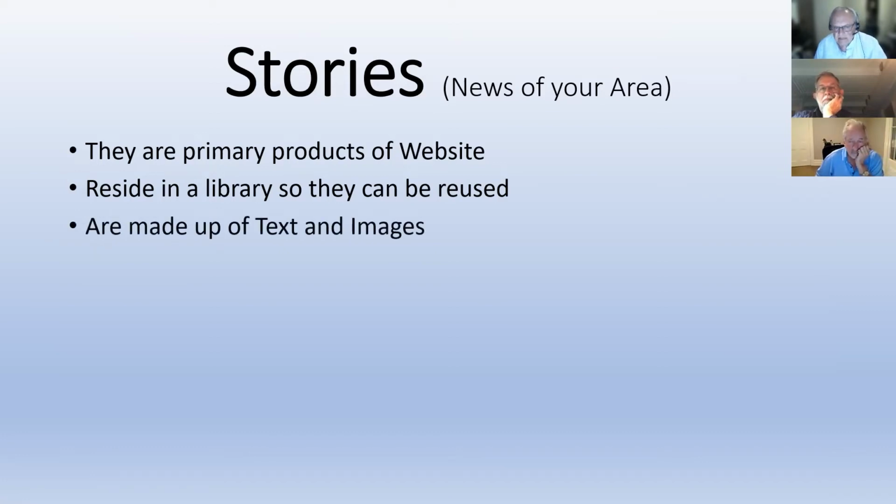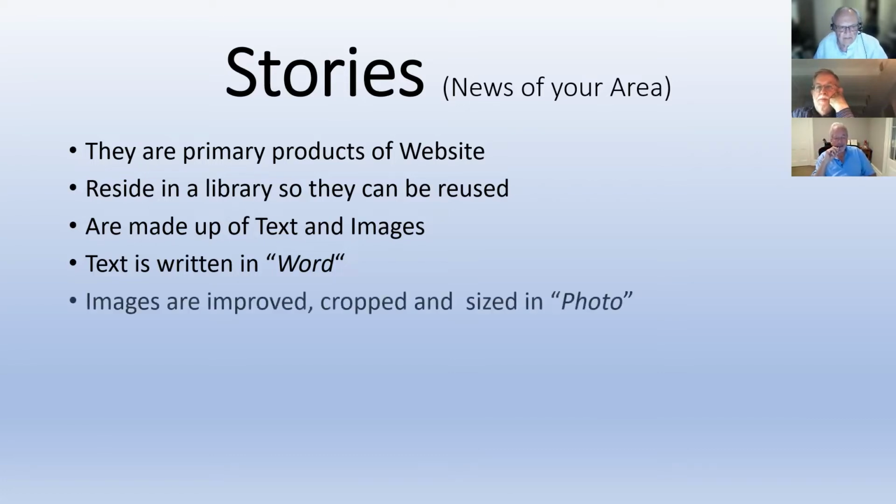Stories are made up of text and images, okay? The text, I would advise you to write in Word. Make your story by sitting down in Microsoft Word or a word processor that you use and write it out. Get it pretty much the way you want it. And then your images. It's important that your images are not just taken directly from your camera.